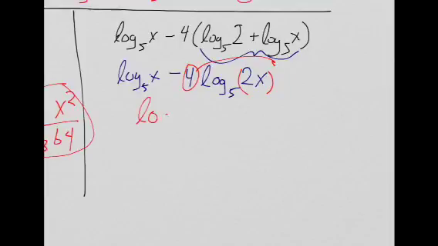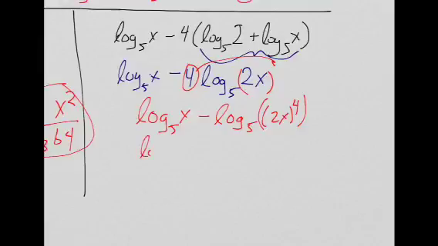So this is going to be the log base 5 of x minus the log base 5 of 2x to the 4th. Or it might be a little easier to use the property of exponents to make that the log base 5 of 2 to the 4th, which is 16, times x to the 4th.